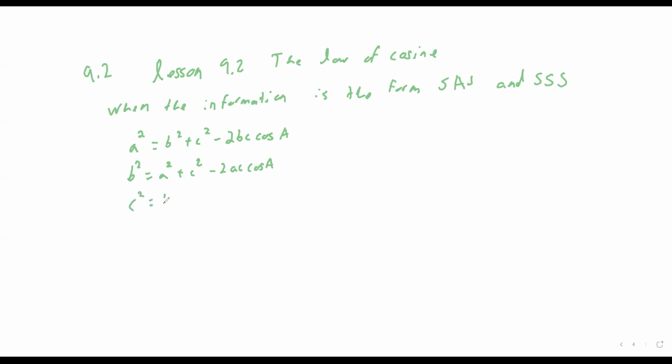C squared then will equal a squared plus b squared minus 2ab times cosine of C. So what you'll see is if I want to know what side A is, then it's going to be the other two sides squared, summed up, minus 2 times the product of those other two sides times the cosine of the angle associated with the side I want.